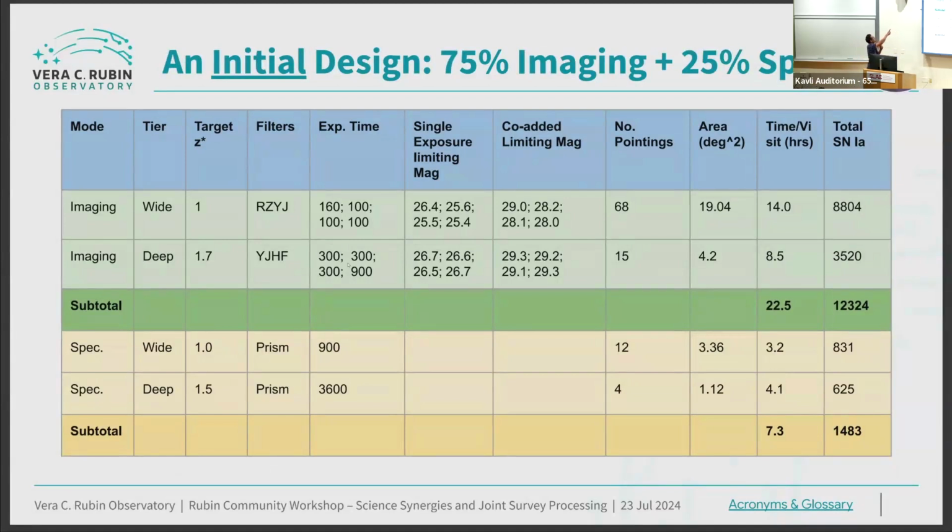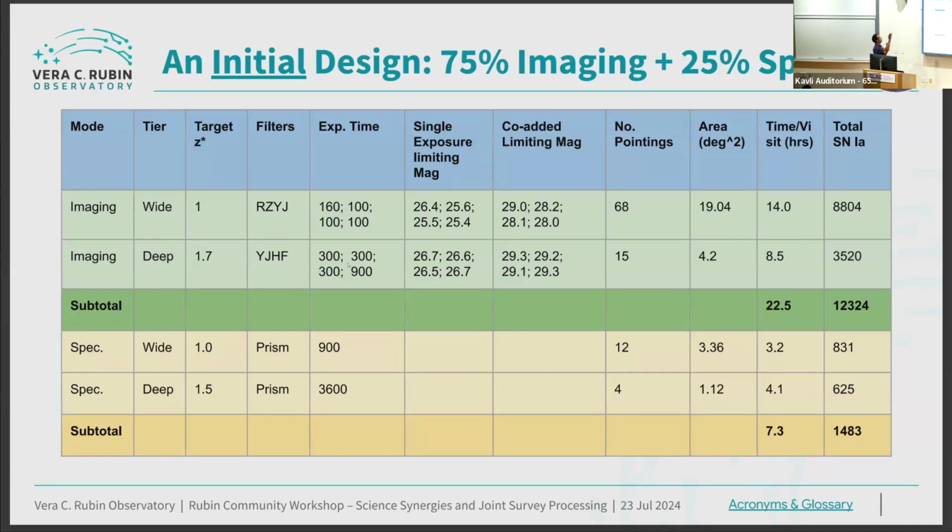The wide portion will have roughly 19 square degrees, third column from the right, and the deep portion for the imaging will have 4.2 square degrees. And these filter choices and exposure times are selected to optimize the supernova 1a light curves at redshifts 1 and about redshift 1.7. Of course, these distributions are quite large, but these are sort of the target redshifts.